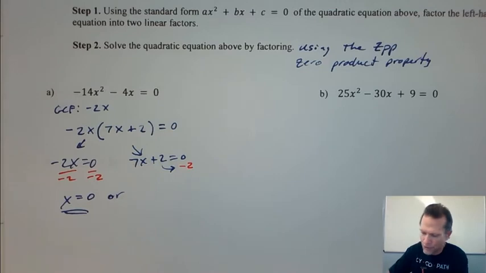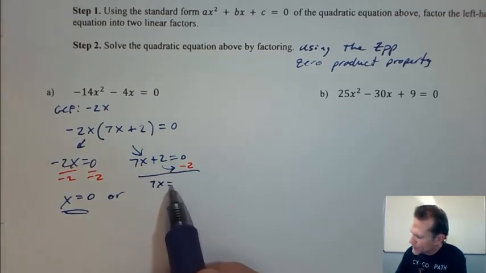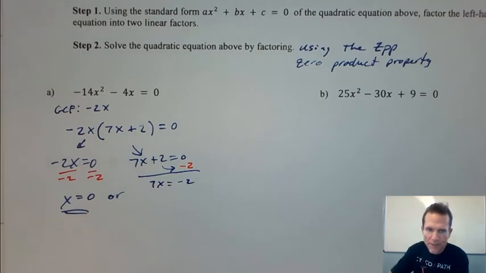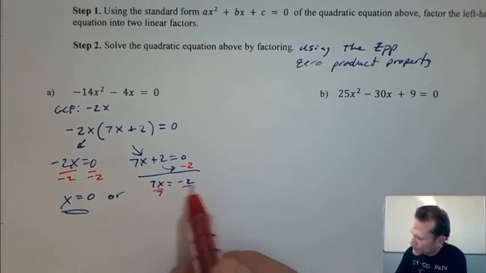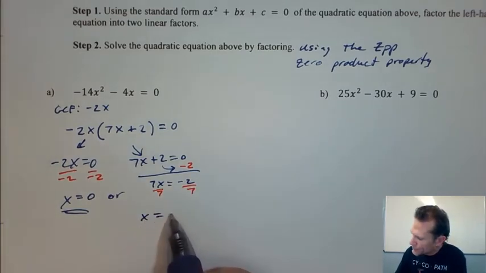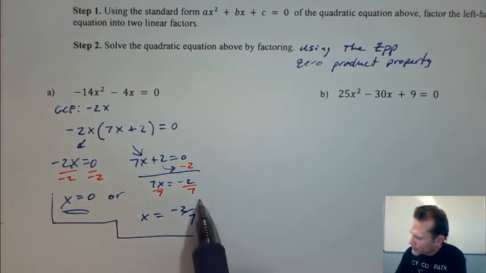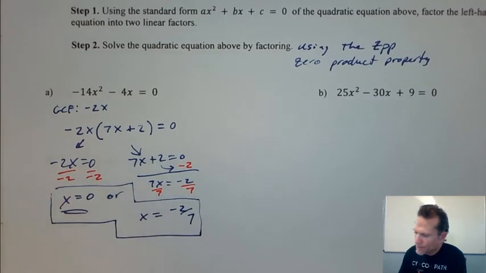So it's minus 2. I have 7x equals negative 2. Divide by 7, and you probably already can spot the answer. But we have x equals negative 2 over 7. Okay. Didn't get those lined up perfectly, but I think you can see the answers there.